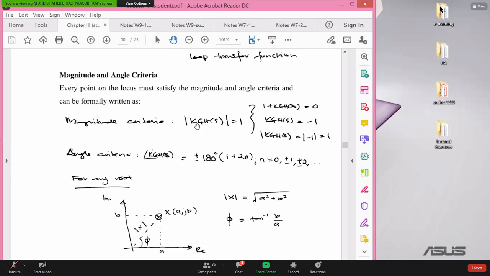So the magnitude of KG(s) for any point s must always equal 1. So we're going to use this criterion to compute the value of K.